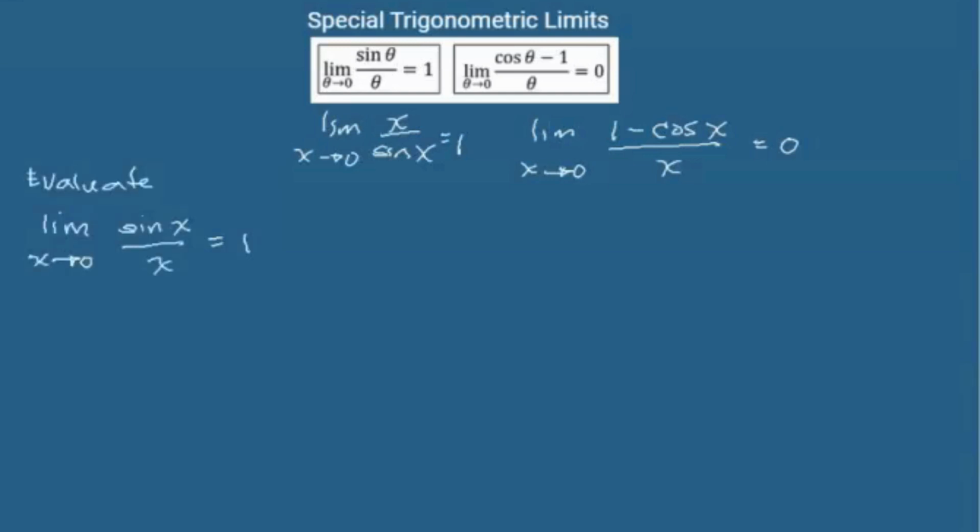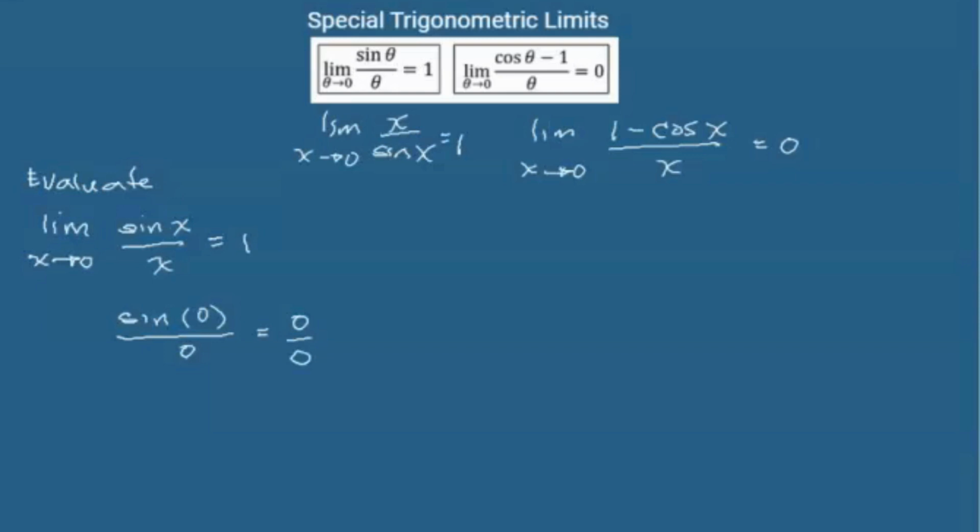So let's start evaluating the limit of sine x over x as x approaches 0 is equal to 1. By substitution, this will be equal to sine 0 over 0. And sine 0 is 0, so we'll have 0 over 0.